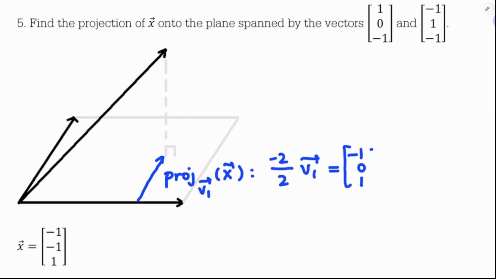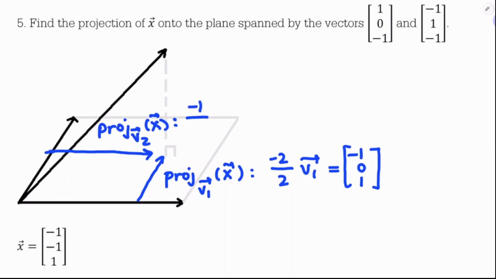That's the projection there. And then right there, that'll be the projection of x onto V2. I'm going to dot x with the second vector, so it'll be negative 1 times negative 1 is 1, minus 1 is 0, minus 1 is negative 1.